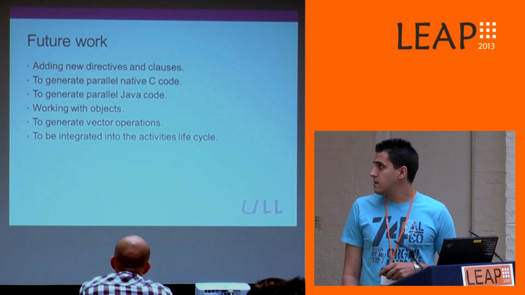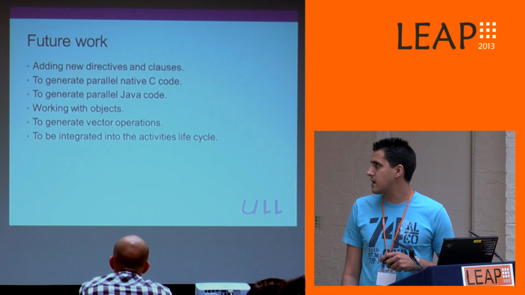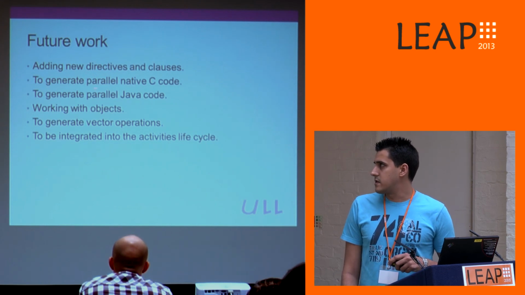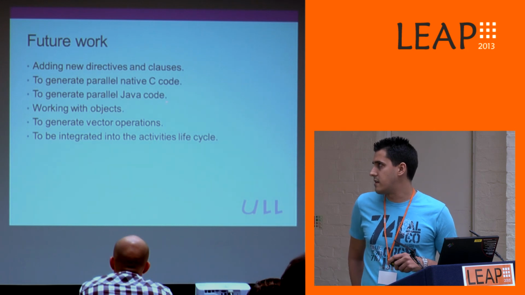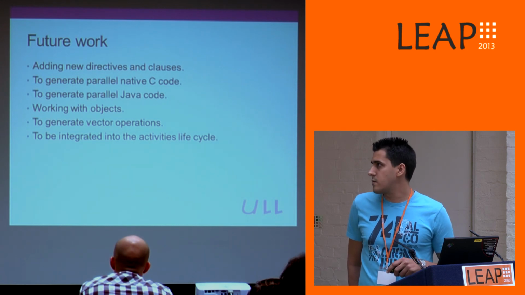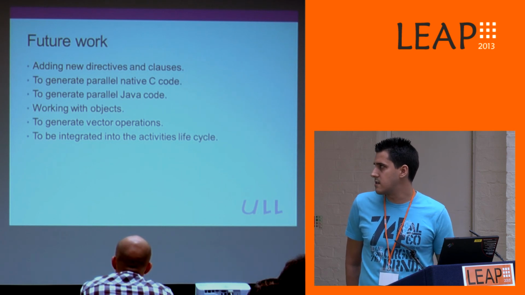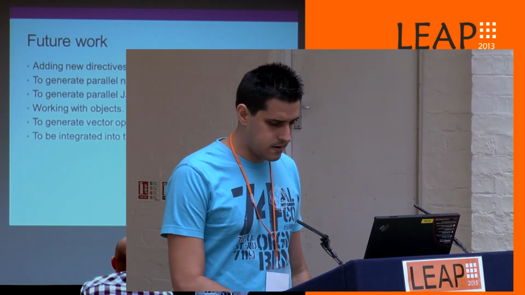As future work: adding new directives and clauses to generate parallel native C code and parallel Java code, working with objects to generate vector operations, and being integrated into the activity life cycle of Android. Thank you.